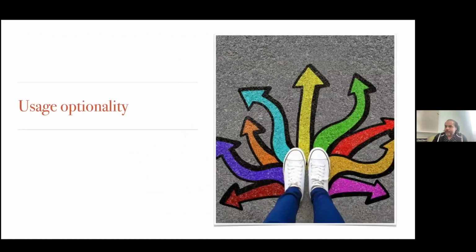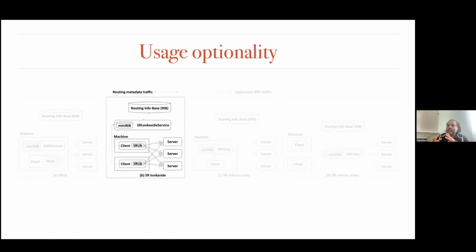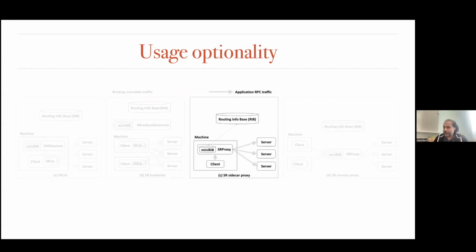As I said, one of the powers of ServiceRouter is that it is offered in multiple form factors. The predominant one is the embedded library mode, which is like gRPC proxyless. The other is what we call lookaside: if you can't embed the library for memory reasons, you can use a lookup kind of functionality, a lookaside balancer. The sidecar model, which is popular in the service mesh space, is also provided as a form factor for some users who can't embed the library.